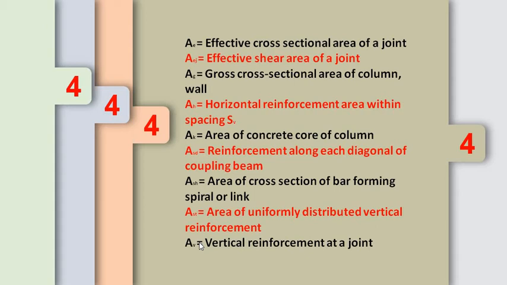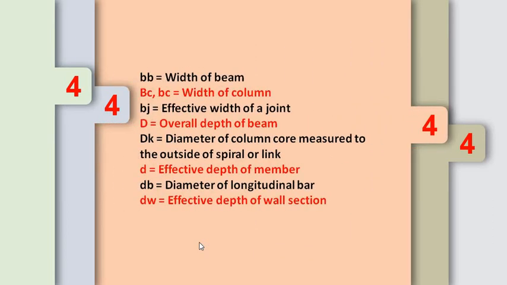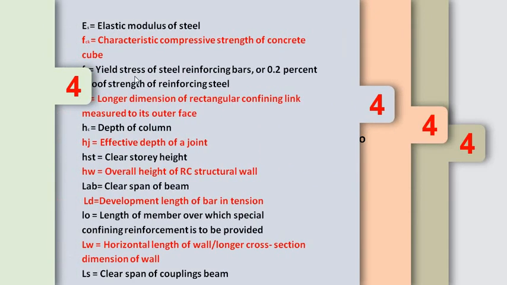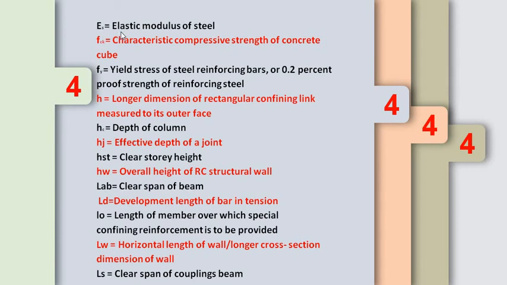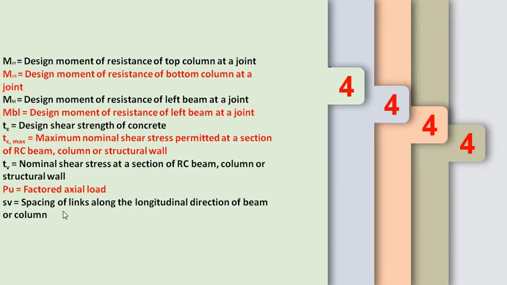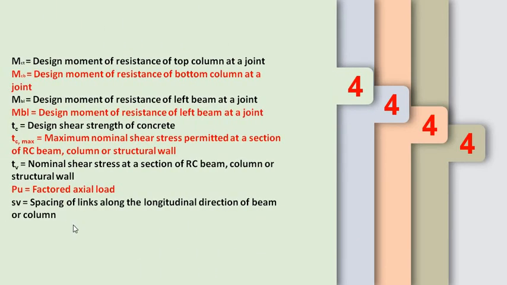Like b is the width of the beam, D is the overall depth, small d is the effective depth, then E is the elastic modulus of steel, fck is the characteristic compressive strength of concrete cube, fy is the yield stress of steel, and in this way, all these symbols are used in this standard.